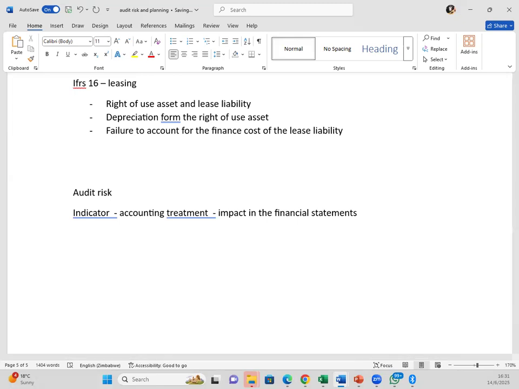Then on the other hand, we need the auditor's response. For the auditor to respond, they need to gather evidence. So the topic we are now going to talk about is audit evidence.